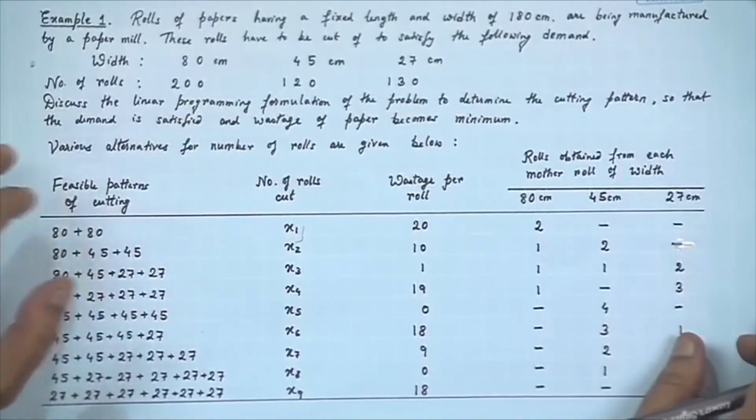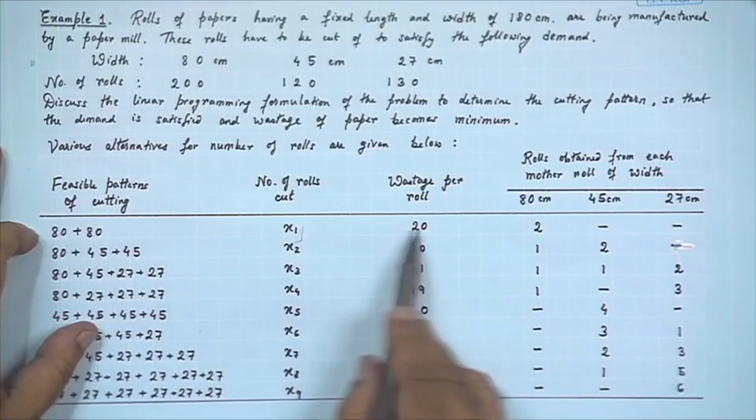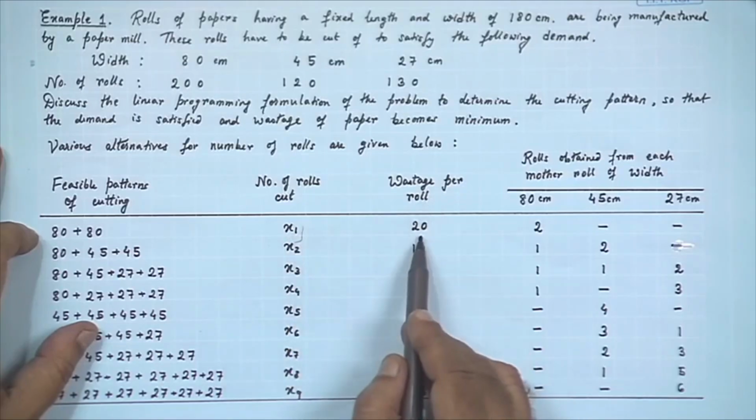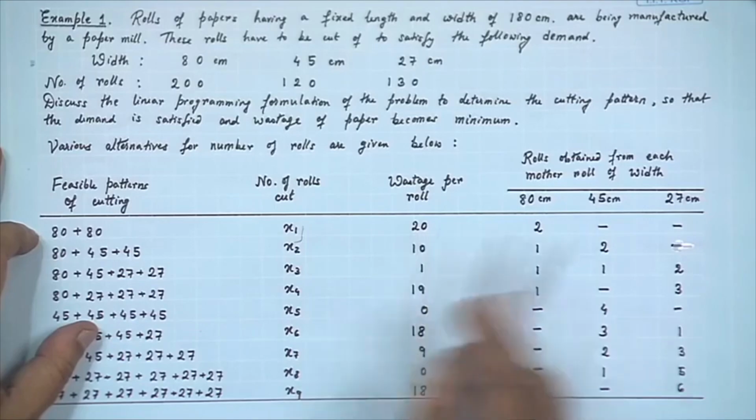equals. Now, from here how many rolls did we get? In the first row, the number of rolls is x1, and what is the wastage per roll? Wastage per roll is 20. Therefore, for x1 rolls your wastage will be 20 x1.